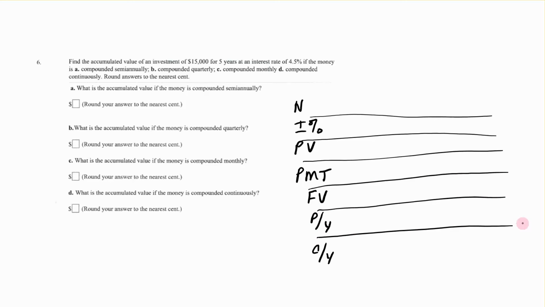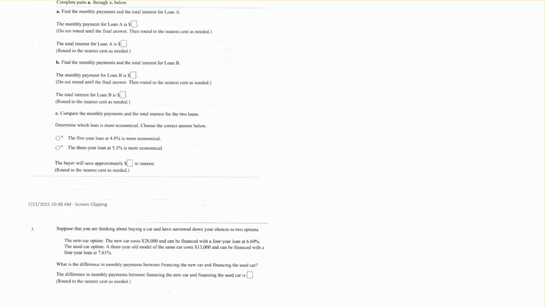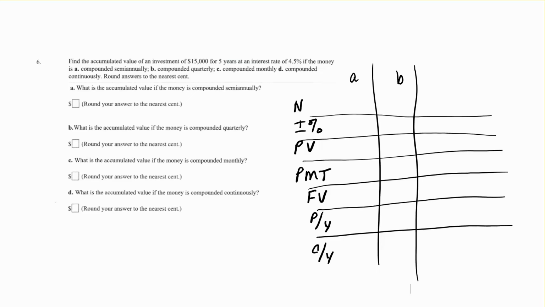And I'm going to look at Part A, Part B, Part C and Part D. Okay. Let's see. Some of these are always the same. The present value is always 15,000.